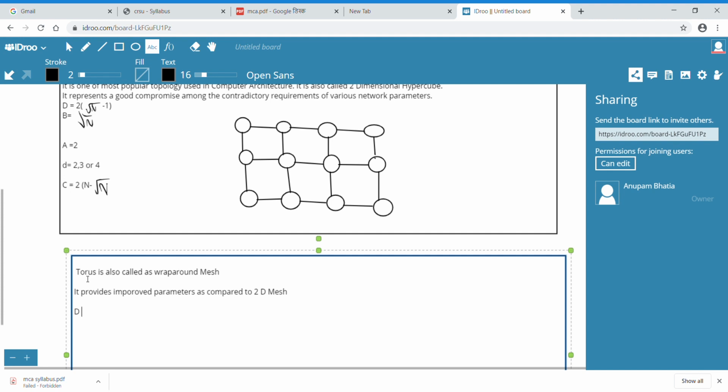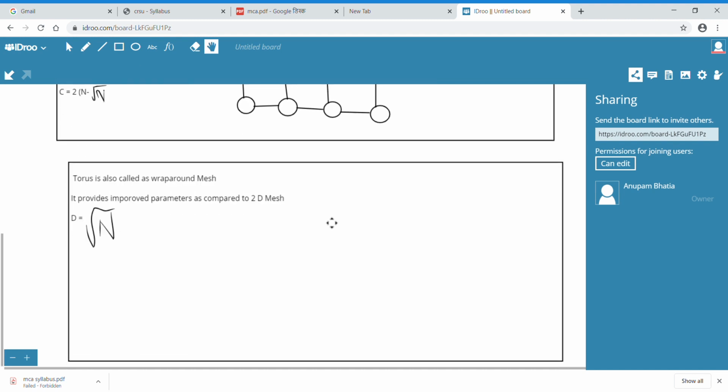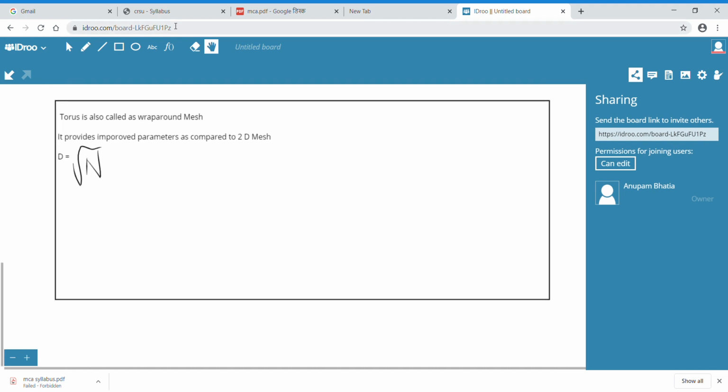The diameter here is the square root of n. And the bandwidth is equal to 2 into square root of n.